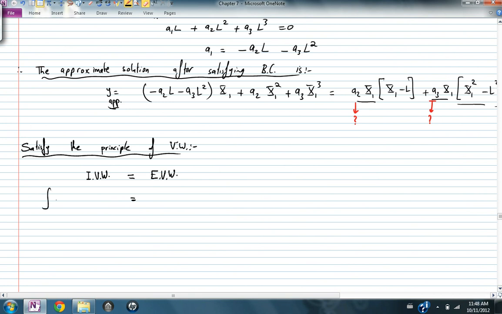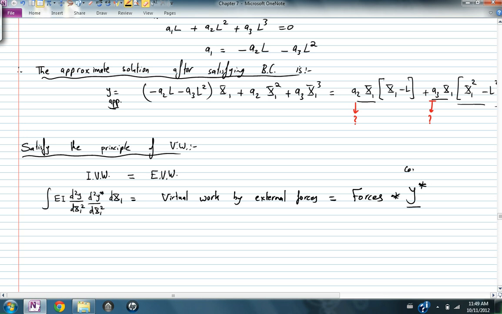the integral of EI d2y by dx1 squared multiplied by d2y star is equal to the work, or virtual work, by external forces, which is basically equal to the forces multiplied by the virtual displacement y star.